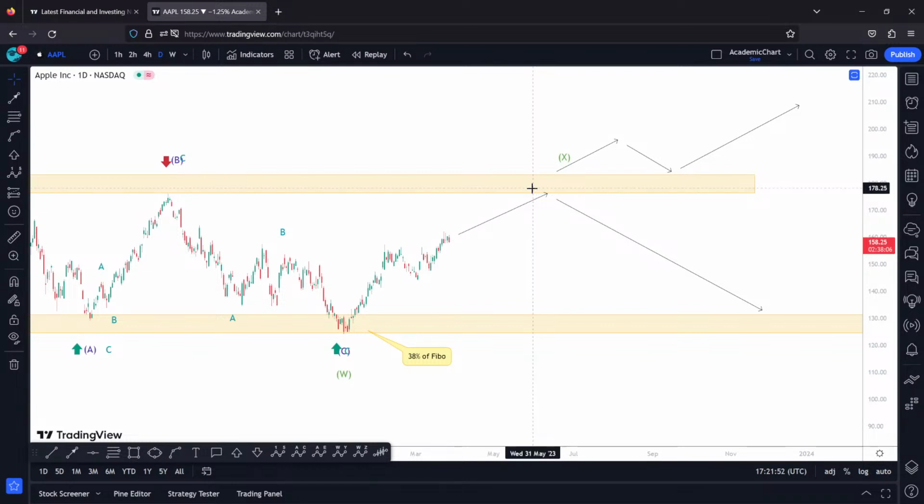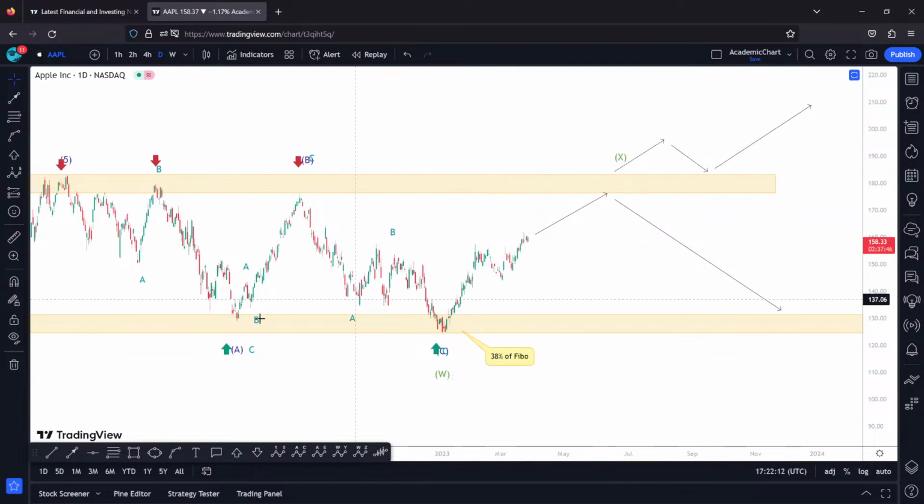That's why we can now just talk about different scenarios, and based on how price reacts to the previous zones and what action it gives, we can decide which path it is going to take. Anyhow, that was our long-term conclusion.